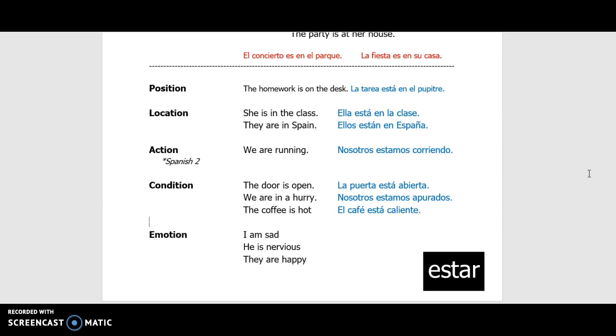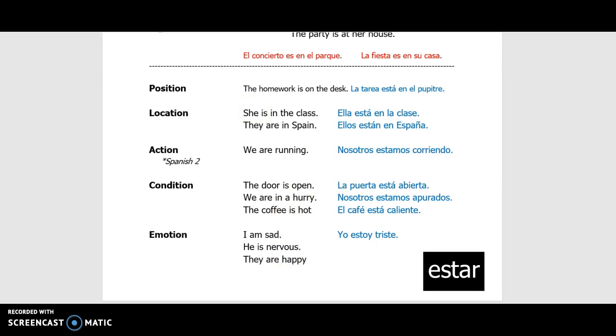Okay. Let's go with some emotions. I am sad is how I am feeling. So a period after it. Boom, boom. Yo estoy triste. He is nervous. That's not a word. Get rid of that. So much better. Get rid of the end of that one. Okay.